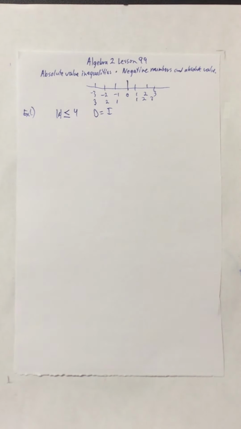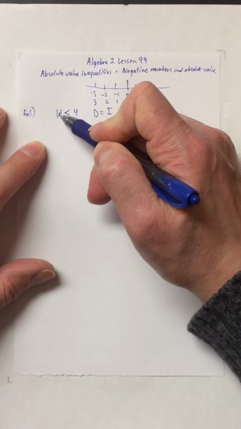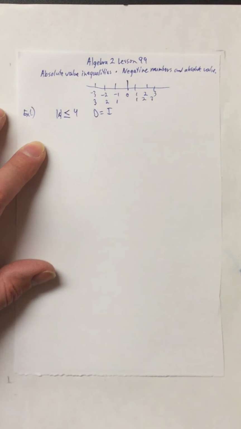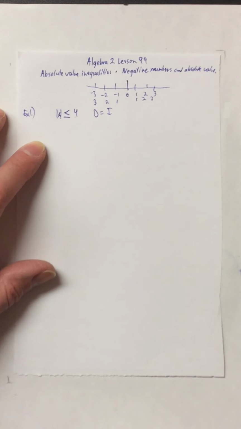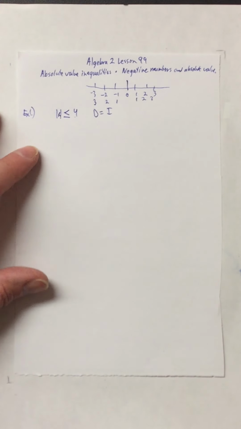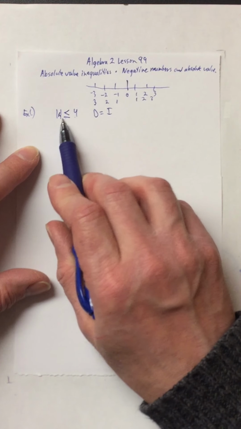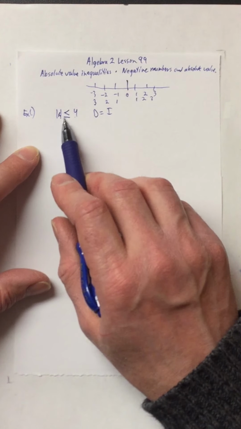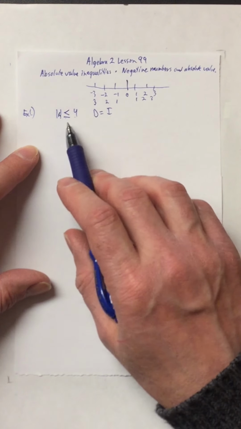If you think about this, any number we put in here is going to turn positive. So what number is actually less than or equal to 4? Well, 5 wouldn't work because it's larger than 4. It has to be less than or equal to. So the first number that works is 4, then 3, then 2. The domain is integers, so it's only whole numbers.